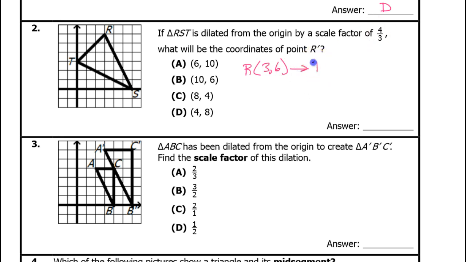So if we're going to find R prime, we're just going to multiply both coordinates by the scale factor. So we're going to do 4/3 times 3, and then we're going to do 4/3 times 6.